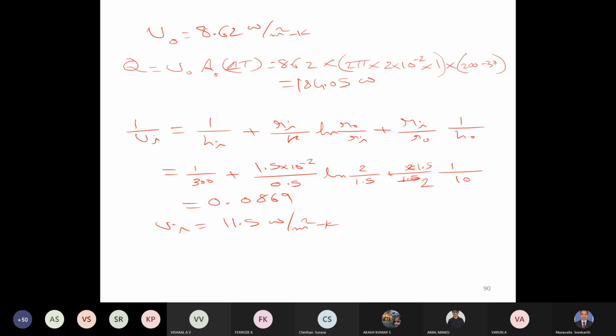Now see, the overall outside heat transfer coefficient is 8.62, and the inside overall heat transfer coefficient is 11.5. These two are different.